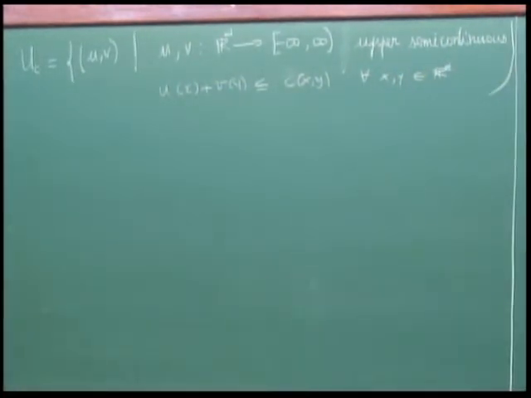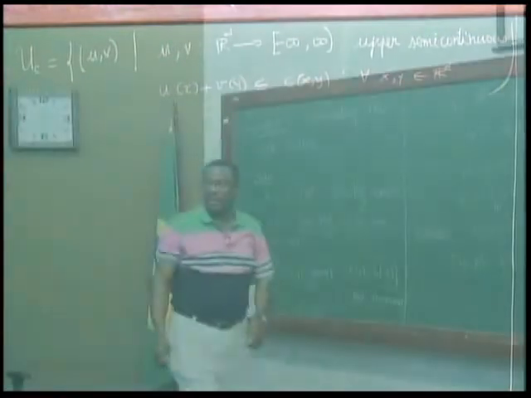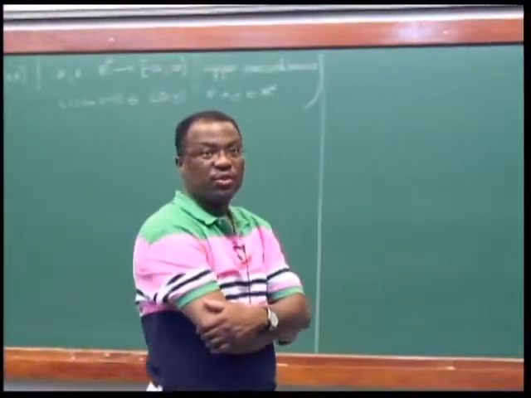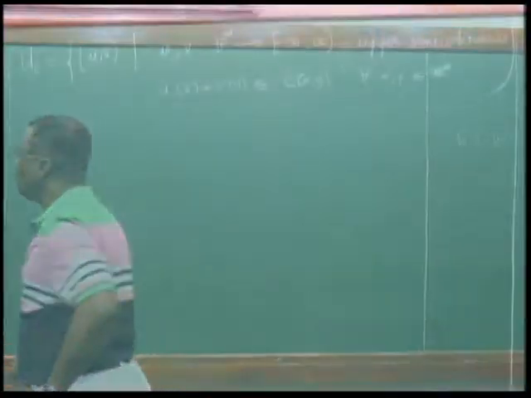For instance, if you take u identically 0, v identically 0, the fact that h is non-negative tells you that the pair 0, 0 belongs to Uc.